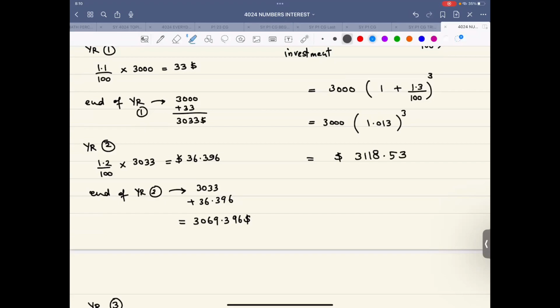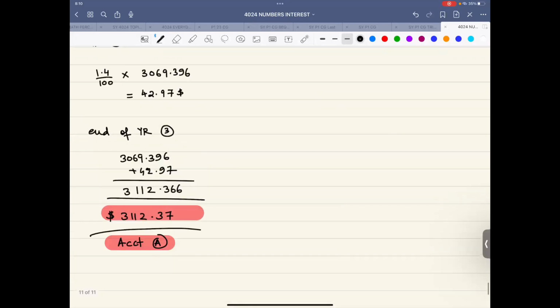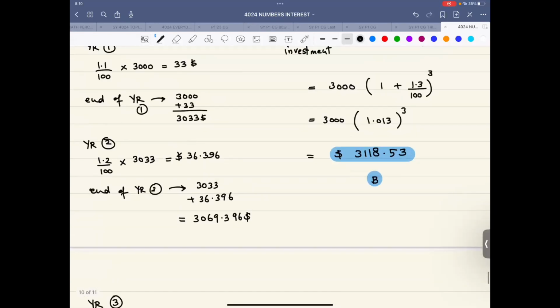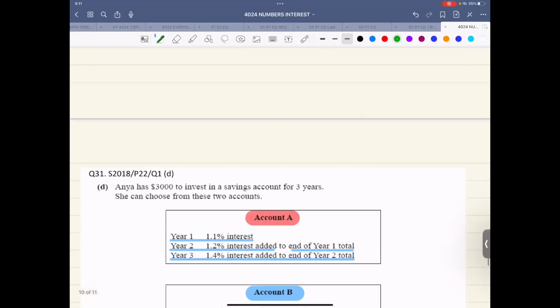This is the option for account B. This is how much will be earned. So 3,118 versus 3,112. So therefore, this option is better because this is more fruitful as she is getting more money in this particular account. So that's how this particular question is completed.